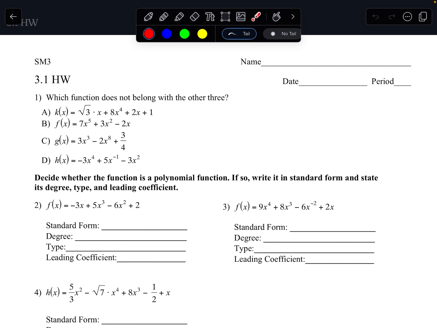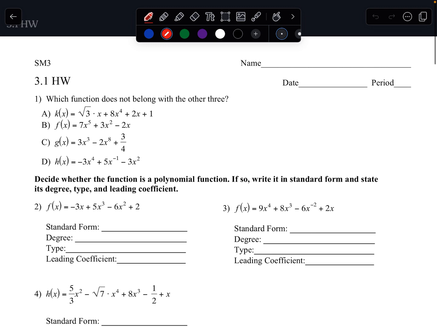We talked about in class that in a polynomial expression, if there's an x and that x has a power, then that power has to be 0, or 1, or 2, or 3, 4. It has to be positive, it has to be whole. And if it doesn't, then it's not a polynomial.